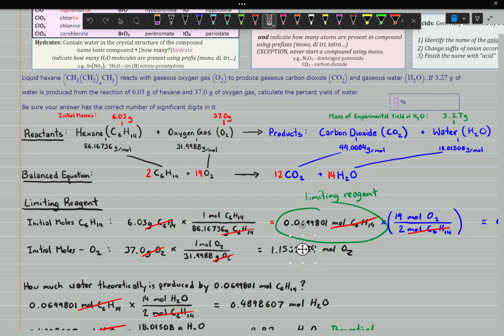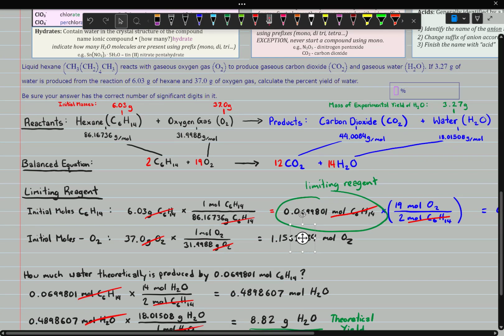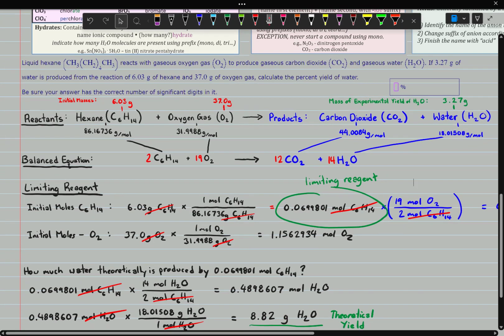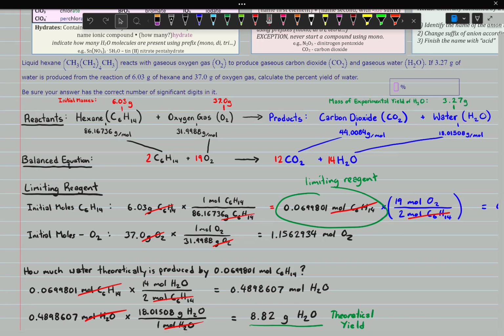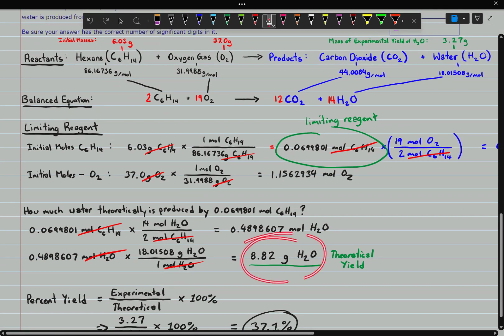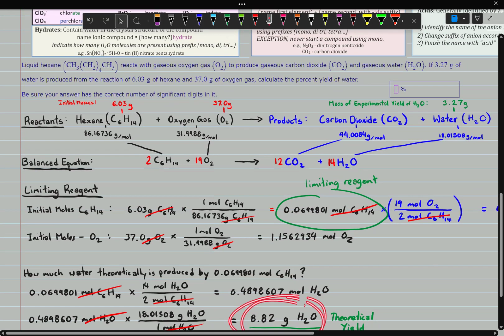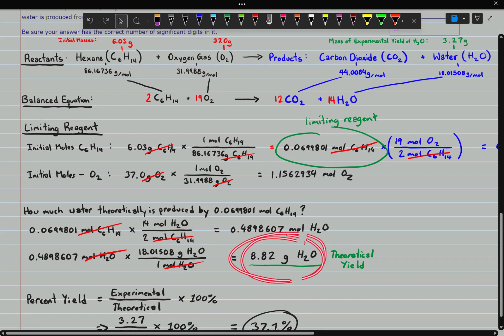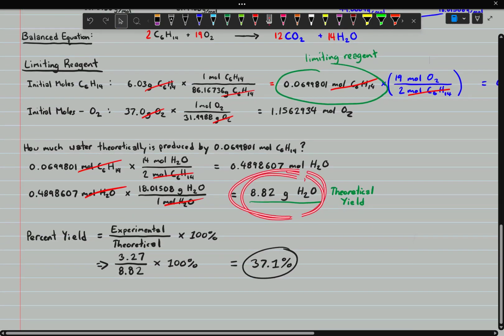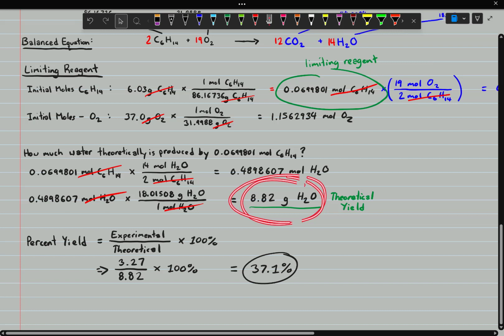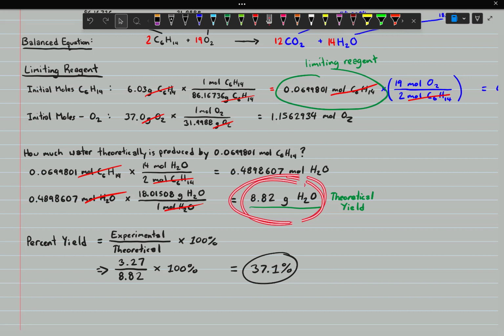Theoretically, it is possible to have produced 8.82 grams of water. You would never get anything more than 8.82 grams of water. This is the maximum possible amount of water that can be produced from 6.03 grams of hexane and 37 grams of oxygen gas. You can never have a percent yield over 100%. If you do, then you've calculated something wrong.